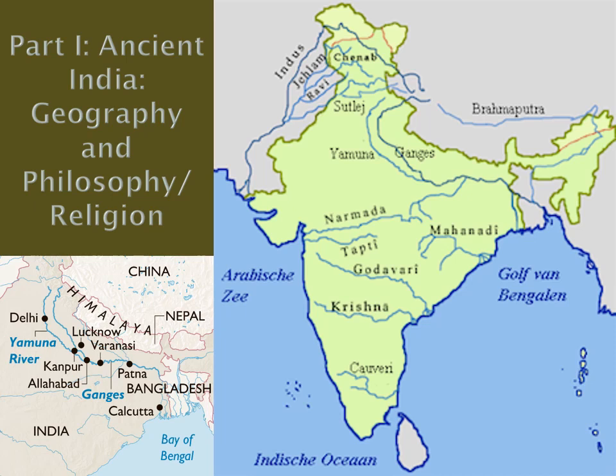So Indian culture, Indian philosophy, and Indian religion, it is similar to this geography of the two rivers. There are two great currents of thought that were originally quite different and distinct in character, but eventually they drew closer together, they merged, and then they continue to flow on together right up to the present day.